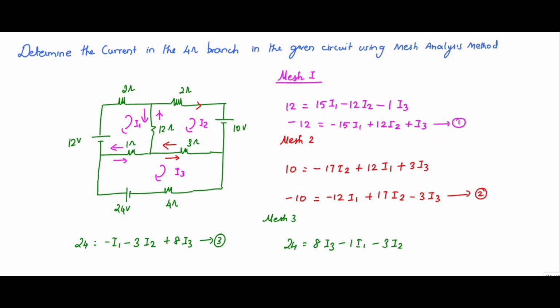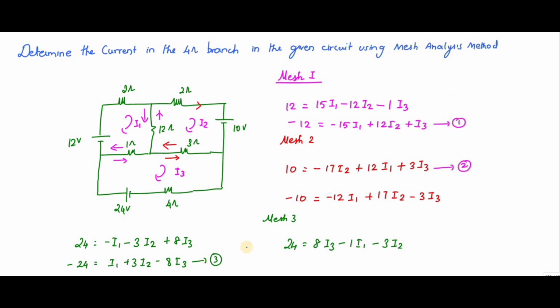This is my first equation. And this is my second equation. The third I can write as minus 24 is equal to I1 plus 3 I2 minus 8 I3. You can take either this one or that one.